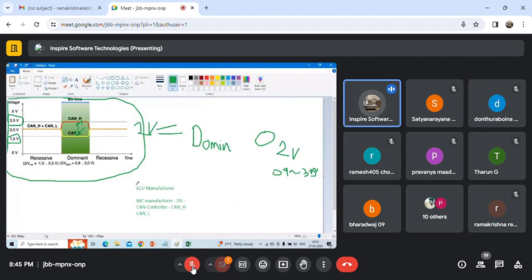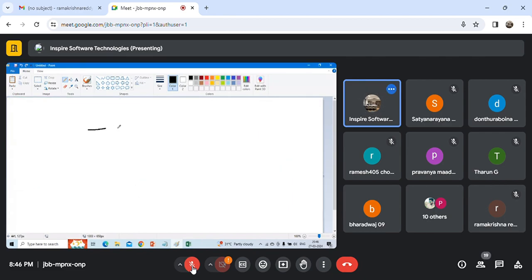Yes, so you are basically mixing two things. For that purpose, generally this is the microcontroller, and it will have pins like this.